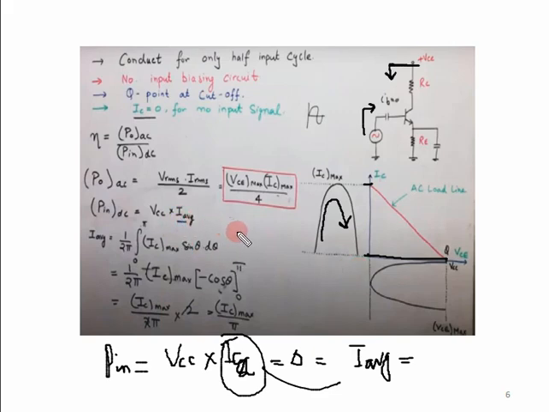We are taking the average value to quantify the current for this half cycle. Now mathematically, I average can be defined as what?